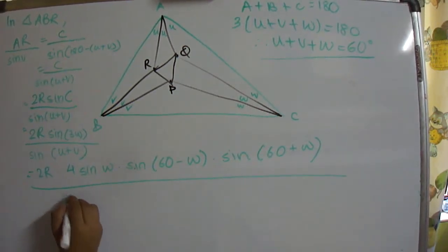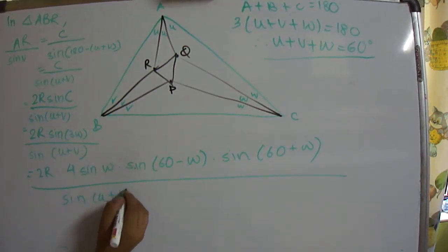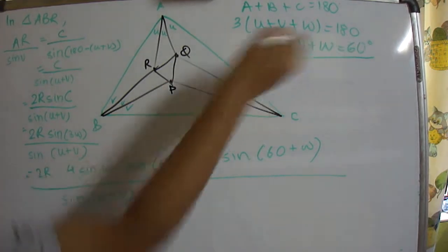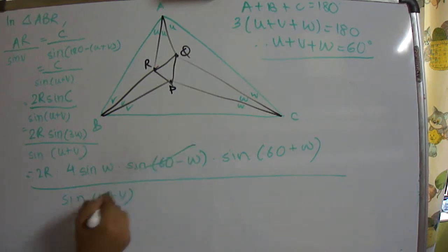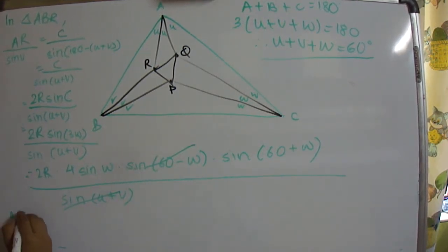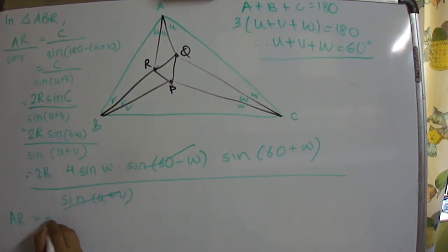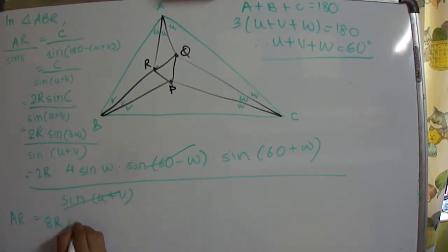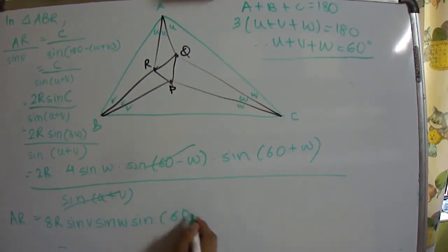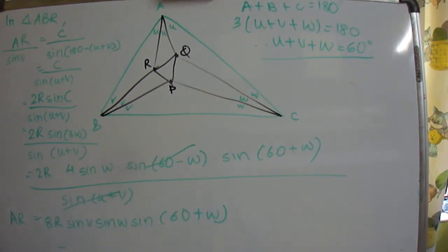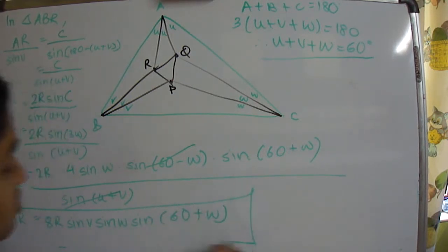U plus V plus W is 60. So sine 60 minus W is sine U plus V. This will cancel. So we can write AR is equal to 8R sine V sine W sine 60 plus W. We will box this.